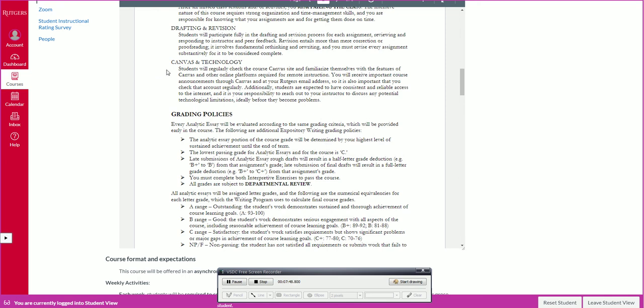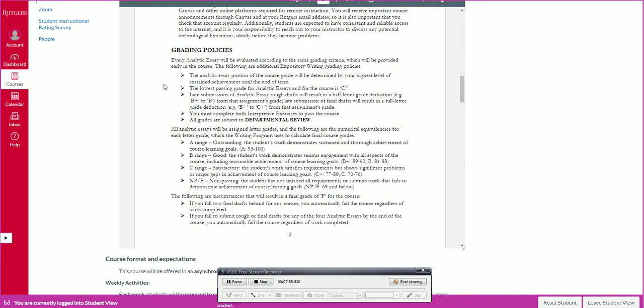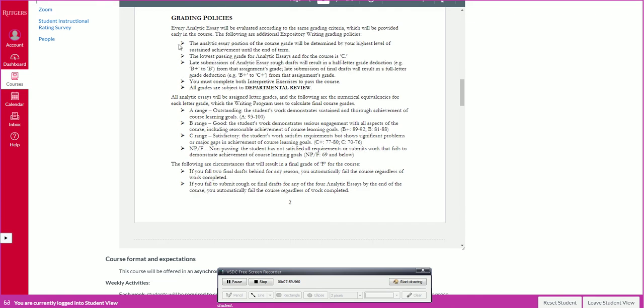Okay. Grading policies, letter grades. I guess one of the most important things to keep in mind is that the analytic essay portion is determined by your highest level of sustained achievement.